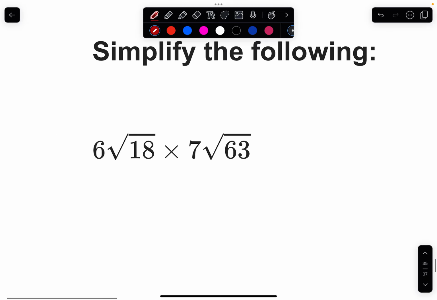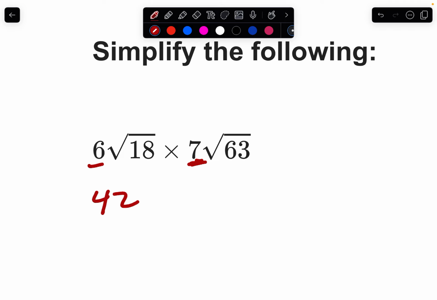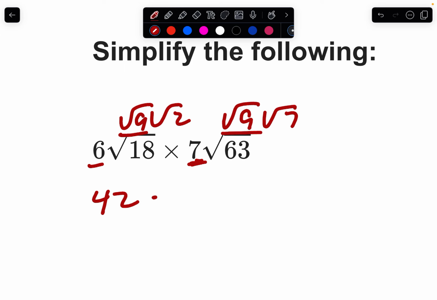Simplify. So multiplying and dividing, you're looking for the same idea. You're looking for common factors first. We can go ahead and do 6 times 7. So I guess we're looking for that first. But after you multiply the coefficients, what are your common factors? 9 times 2 and 9 times 7. So why do we do that? What is root 9 times root 9? That is whole number 9. So those are out, and then we have 7 times 2.